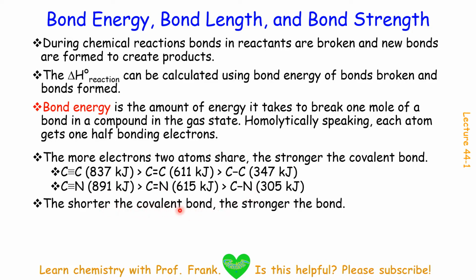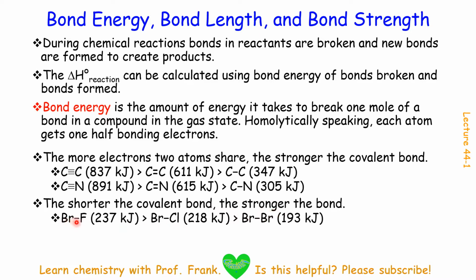The shorter the covalent bond, the stronger the bond. This Br-F bond is the shortest among these 3 bonds, and it has the highest energy, 237 kilojoules. Bromine-chlorine bond is longer than bromine-fluorine bond.